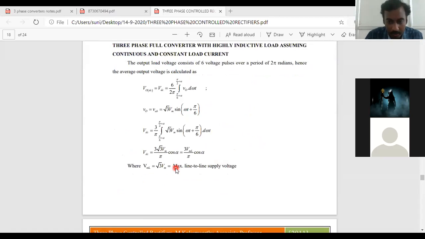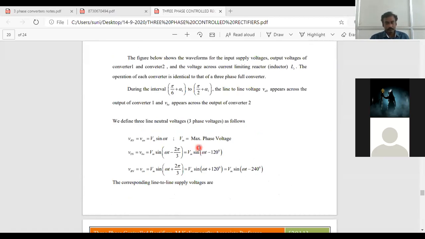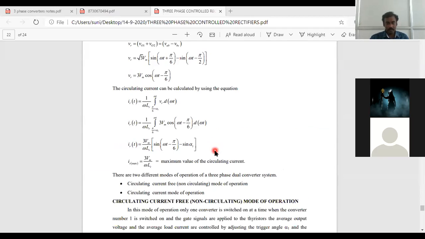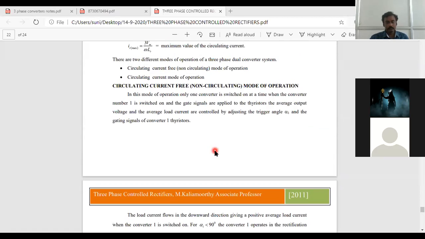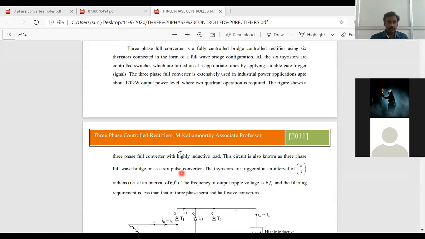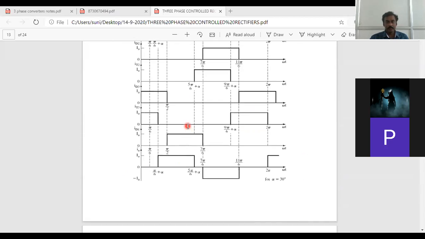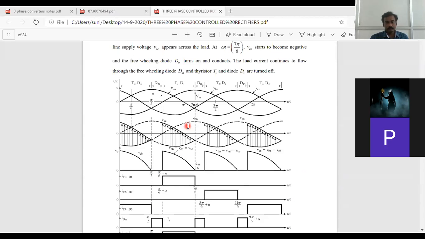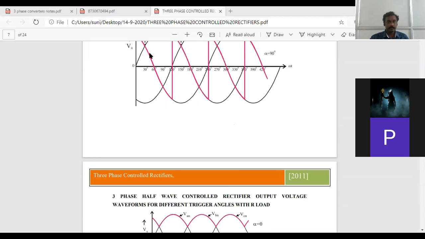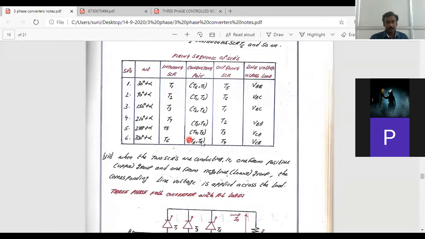Is the paper and pen available with you? Anyone? If the paper and pen is available with you, please copy these circuits and this table.